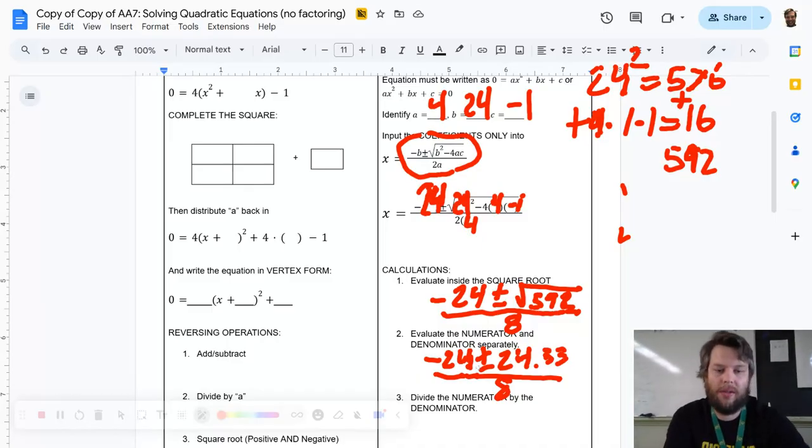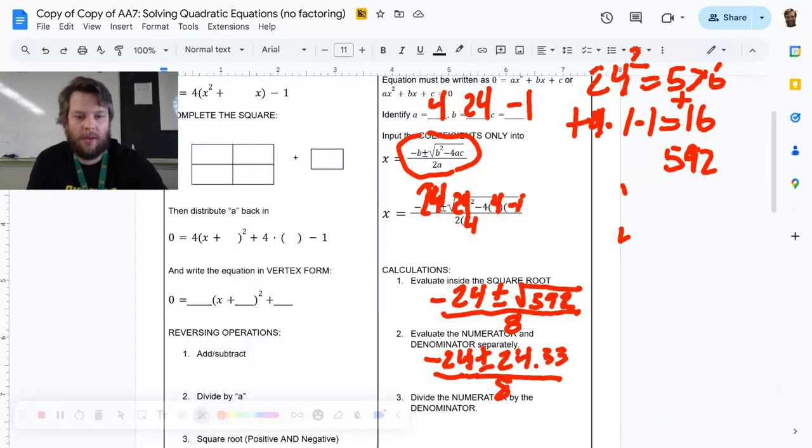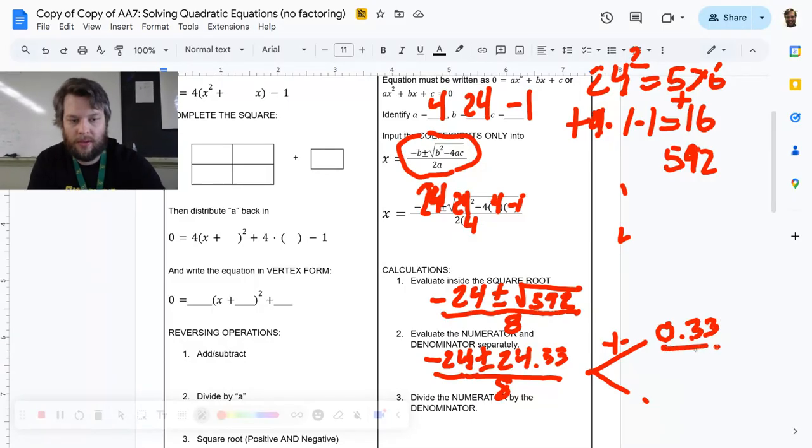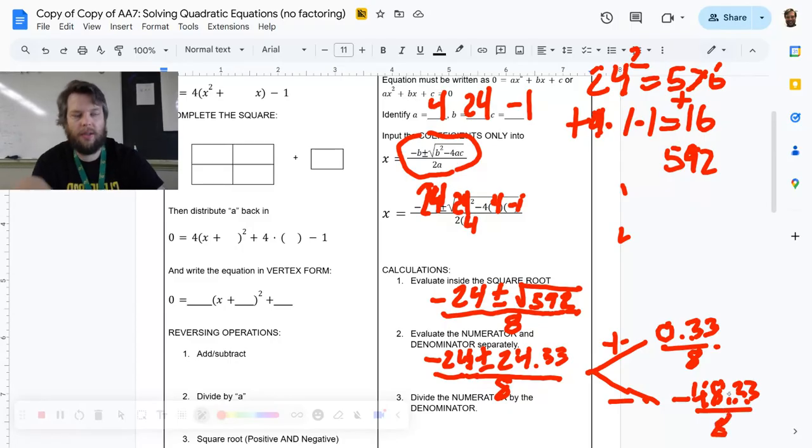Okay, so if we do the plus, let's move this out of the way. If we do the plus, we get 0.33 over 8. And if we do the minus, we get negative 48.33 over 8.